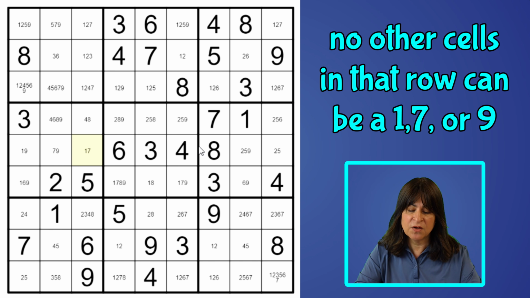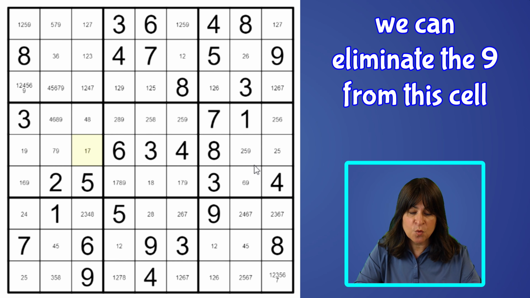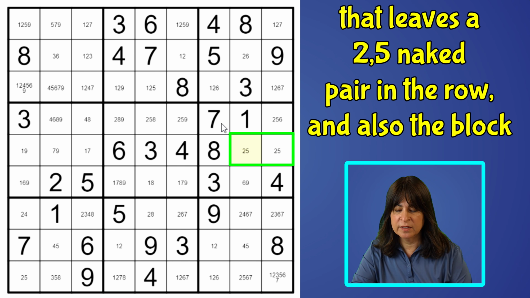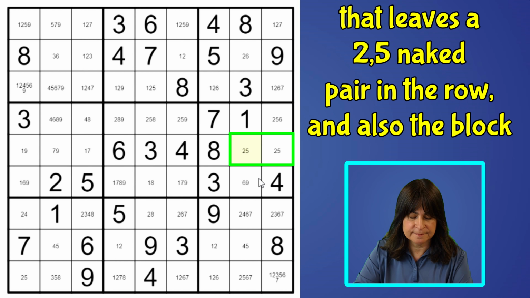And then any other cells in that same row cannot be a 1, 7, or 9. So we can eliminate the 9 from this cell. And that leaves us with a 2 5 pair here in block 6.